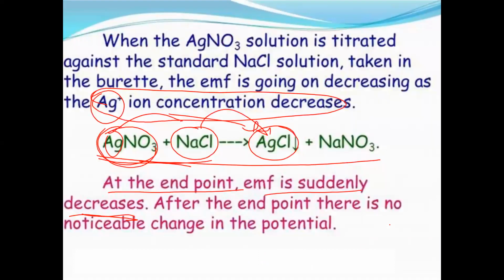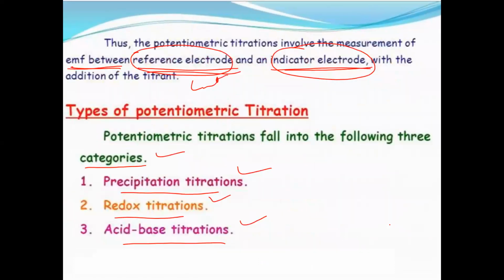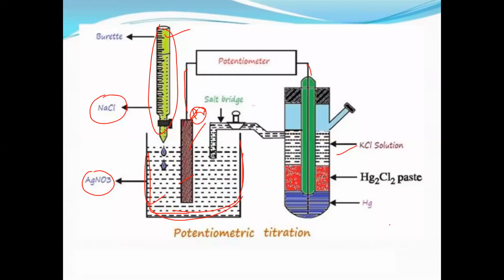By using potentiometric titrations, we can easily conduct different types of titrations, that is precipitation titrations, redox titrations, and acid-base titrations. In all these titrations the setup is the same. This is the setup: a burette, a beaker, and a suitable electrode.